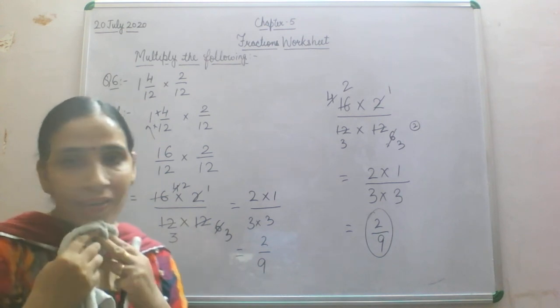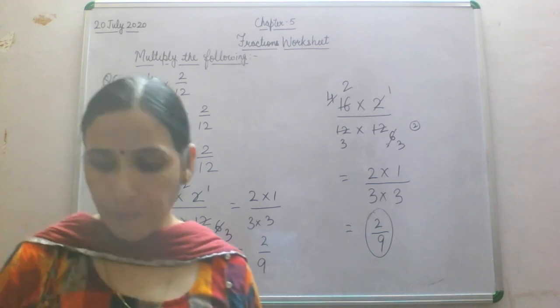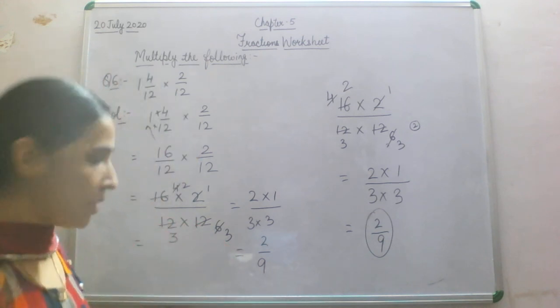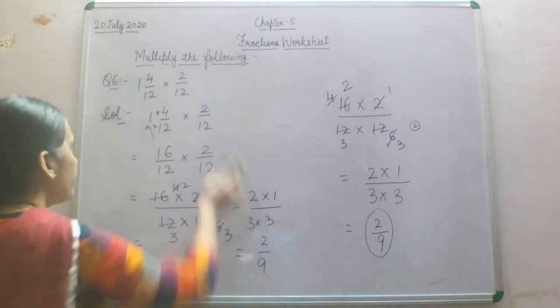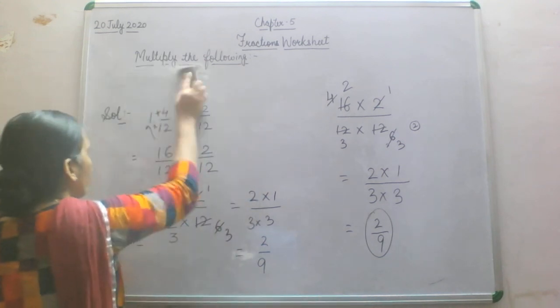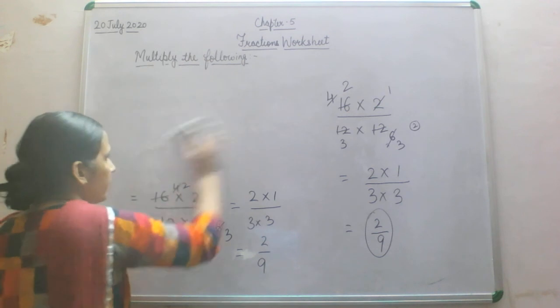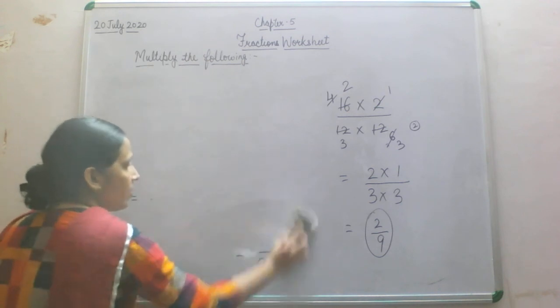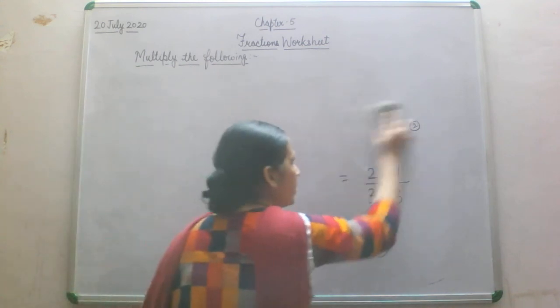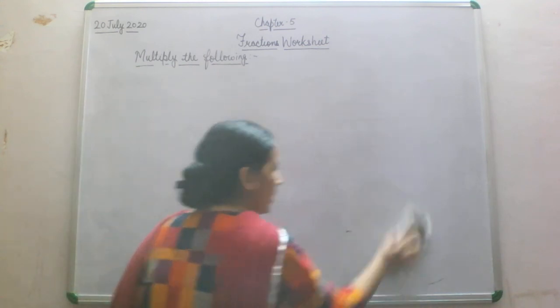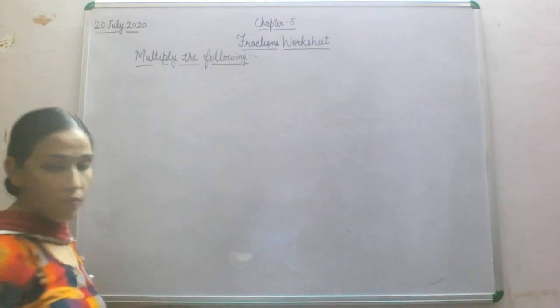So quickly we will take our last question, question number 7 now, and then we will finish our worksheet here. Again we will take a mixed fraction, and after taking a mixed fraction we will take a proper fraction.